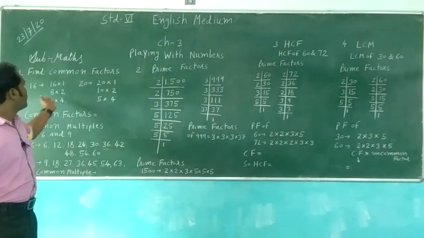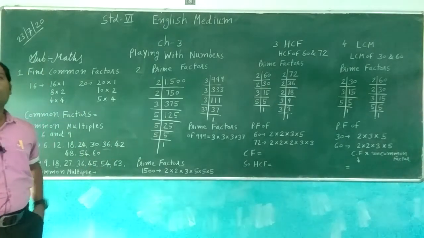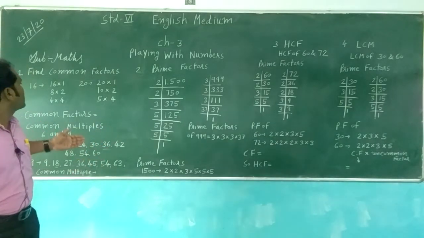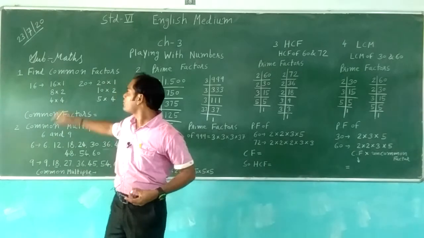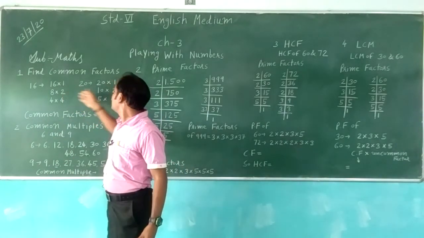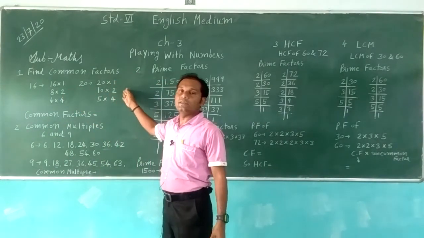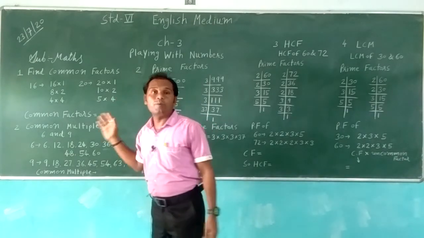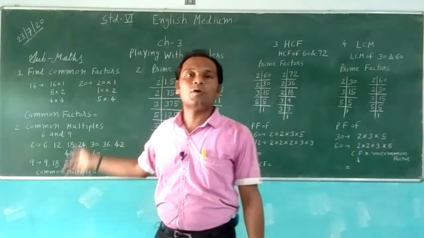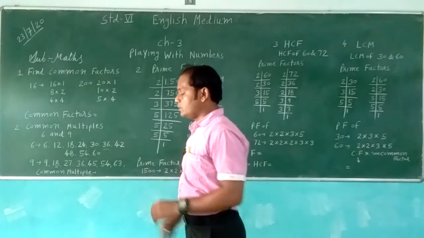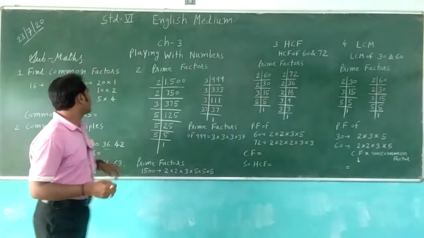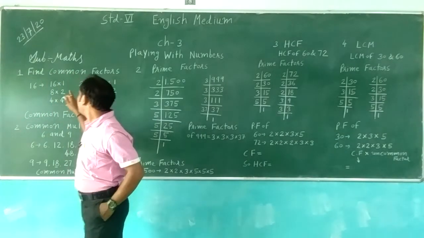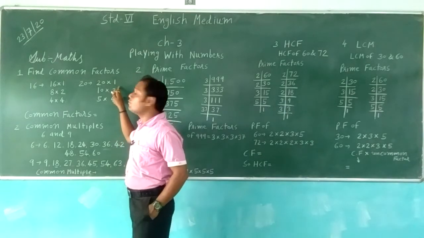Now we have the factors of two different numbers written. You can see the factors of 16 are here and the factors of 20 are here, and we need to find the common factors from all these factors. So we'll see that in the factors of 16, 1 is there, and in the factors of 20, 1 is also there.